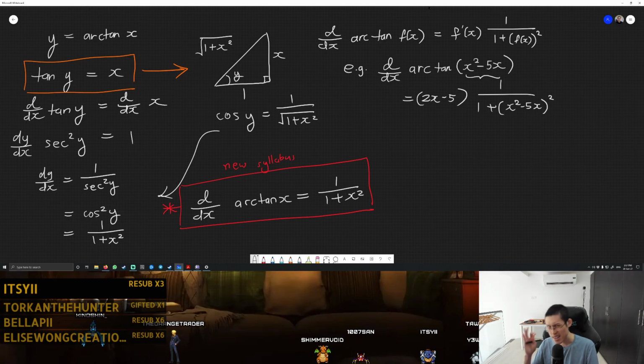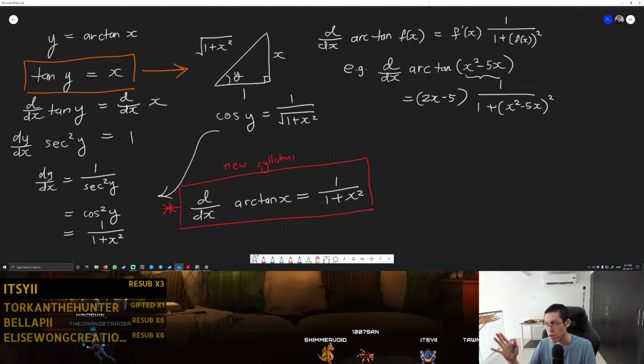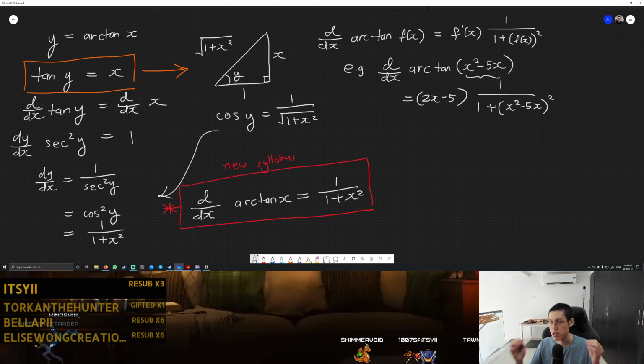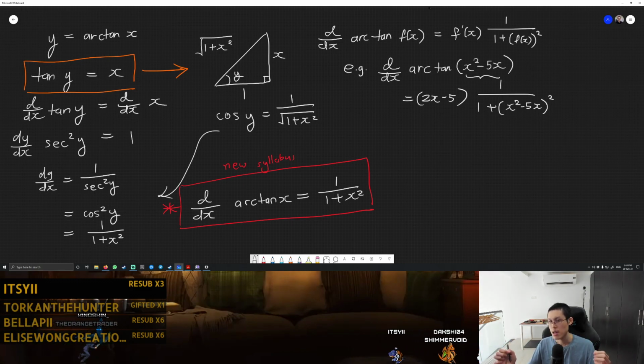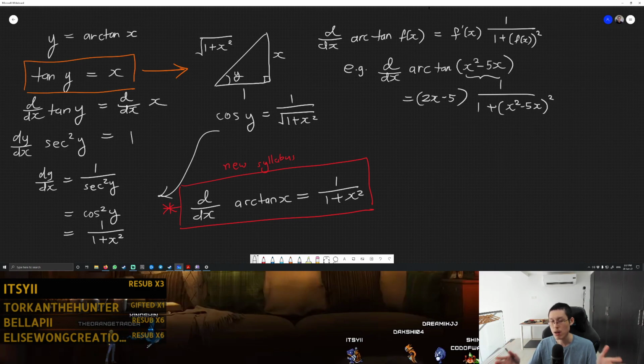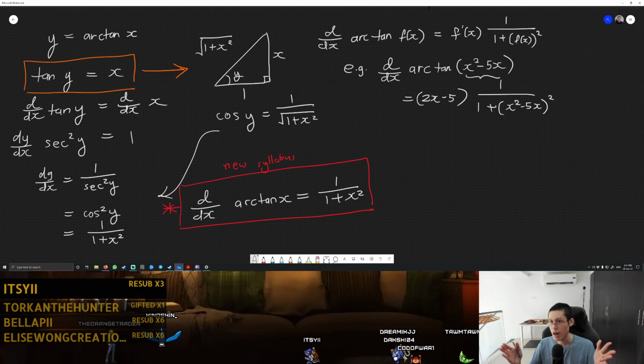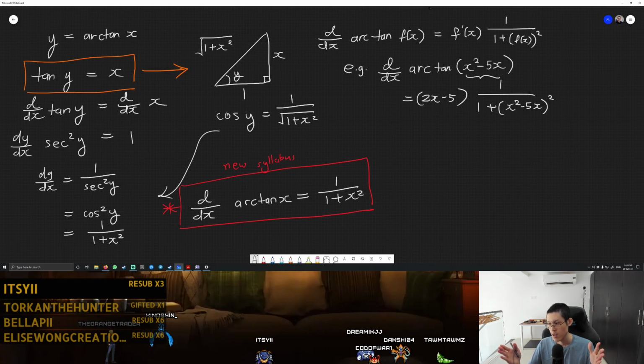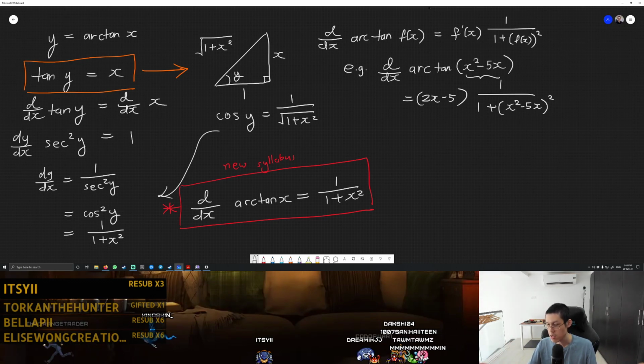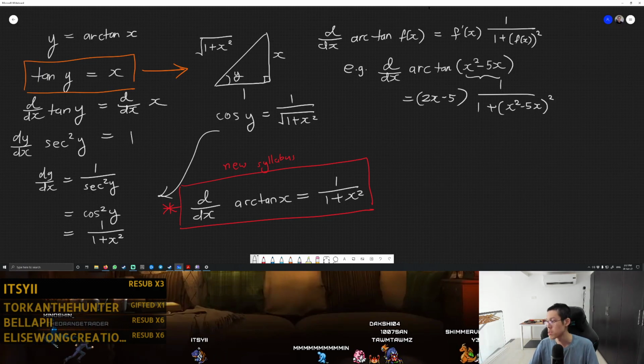Technically, in the syllabus, the only thing they've mentioned is the arctangent of x. But I think it's better if you also know how to differentiate arc cos and arc sine, because sometimes they might ask you something that is not explicitly written in the syllabus, yet it's implied to be in the syllabus.